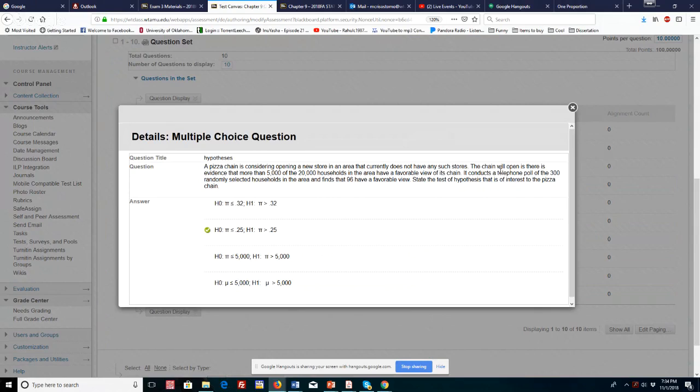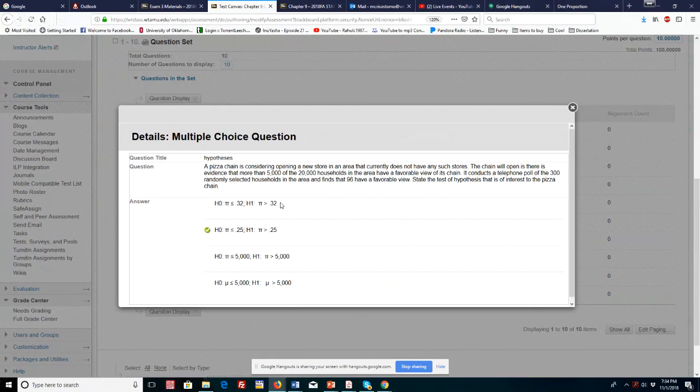So because we're going to open something if there's greater than 25% of the households that have an interest in the pizza place, that becomes our alternative hypothesis. Pi is greater than 0.25. And then our null hypothesis is just the opposite of our alternative hypothesis. So it's less than or equal to 0.25.